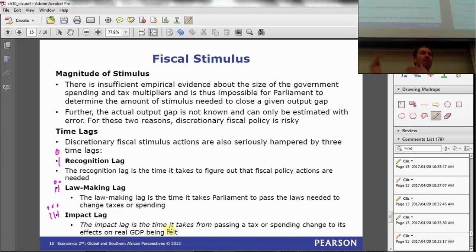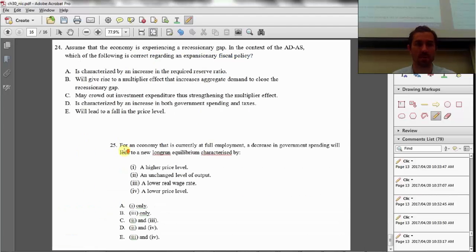So you could end up that you're in a recession, you need to increase government spending, but by the time you actually increase government spending, the recession's over, right? And now you're entering into a period of an inflationary gap, and now your government spending starts kicking in. Well, it's just going to make your inflationary gap even worse, right? So fiscal policy stuff can be dangerous. Okay? You could have good intentions and it just doesn't work the way you think it's going to work.